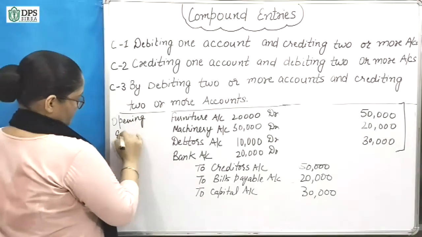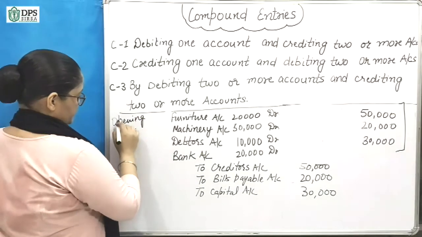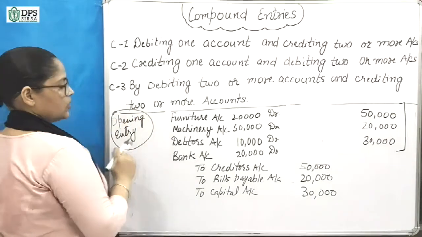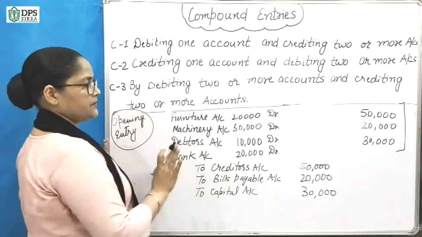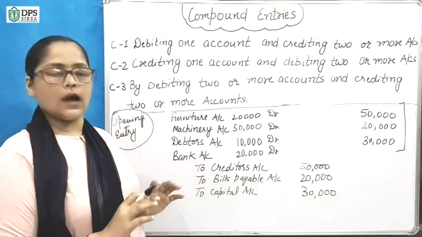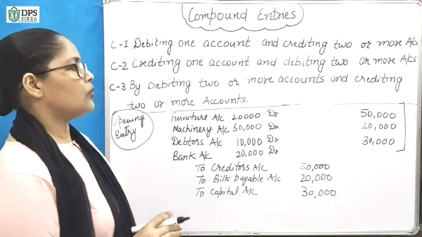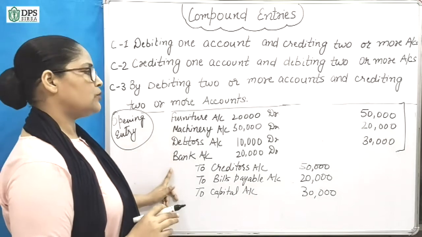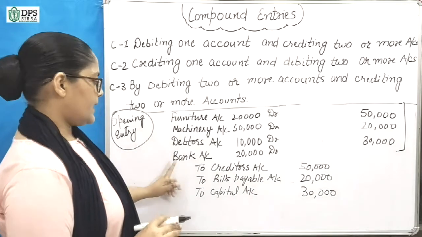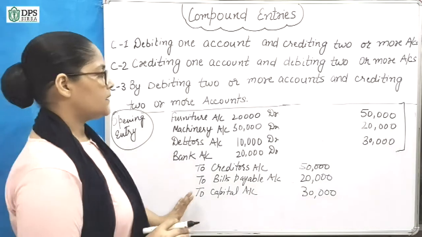Opening entry, or when we start business or we purchase the business of a person, this is the first entry we do in our accounts. So this is known as opening entry. In this entry, 2 or more accounts are debiting and 2 or more accounts are crediting.